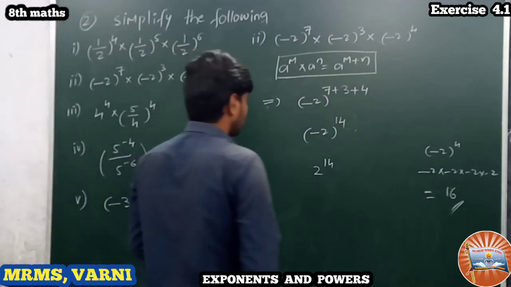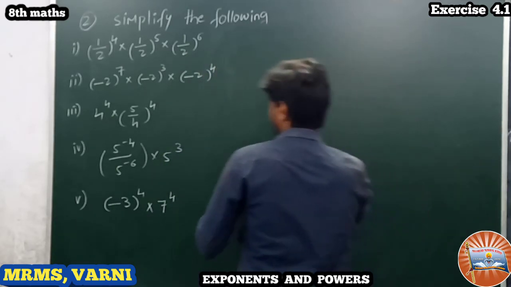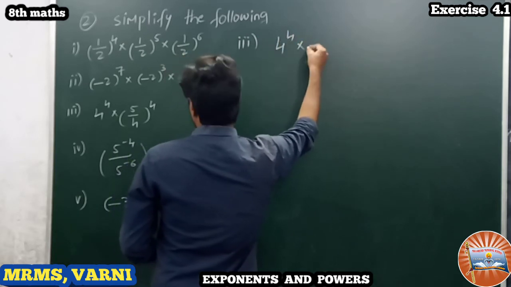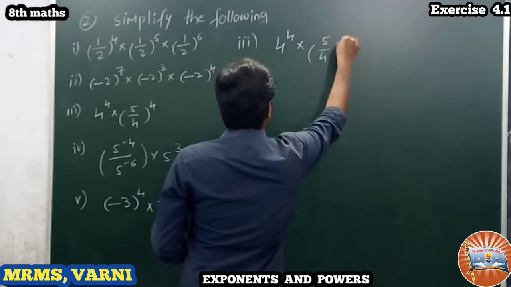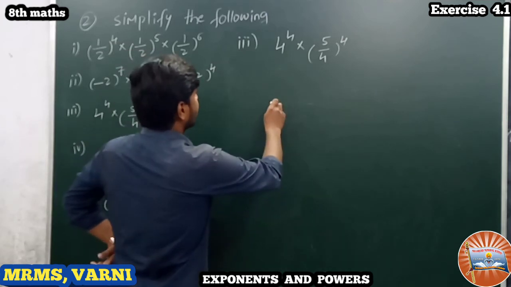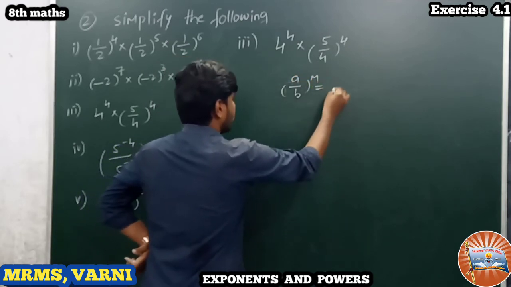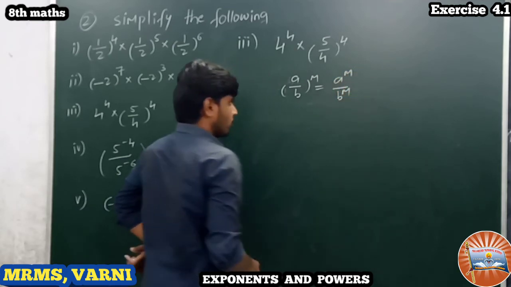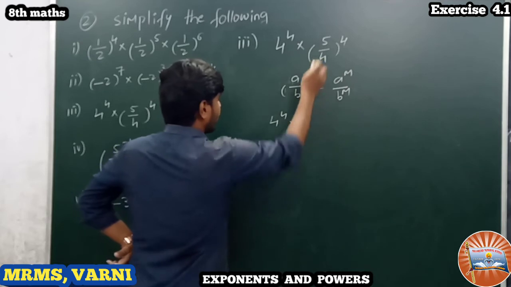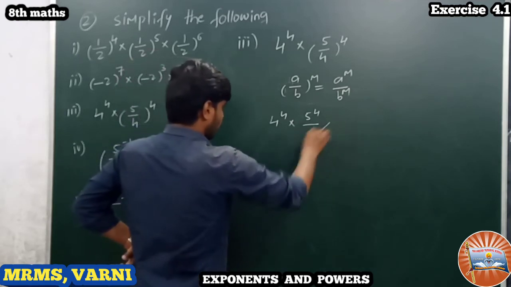Next, problem number 3. 4^4 × (5/4)^4. Here we have the formula (a/b)^m = a^m / b^m. Using this formula, we can write this as 4^4 × 5^4 / 4^4. Here 4^4 and 4^4 get cancelled.